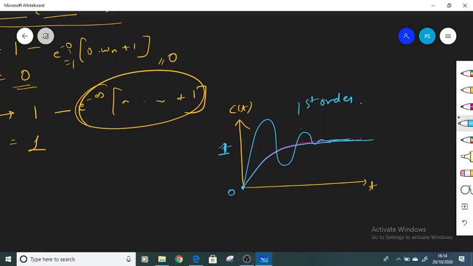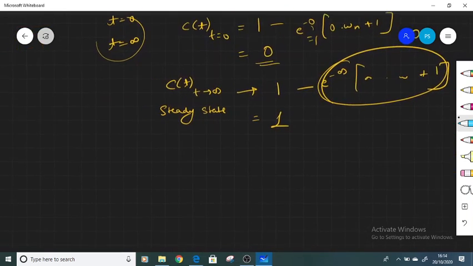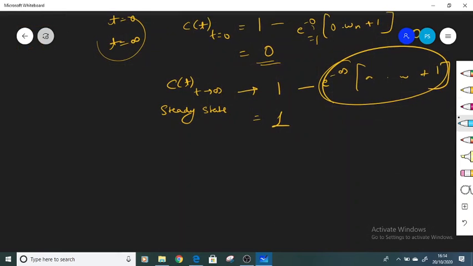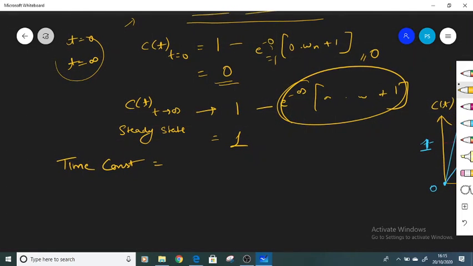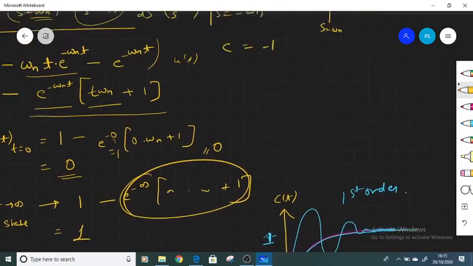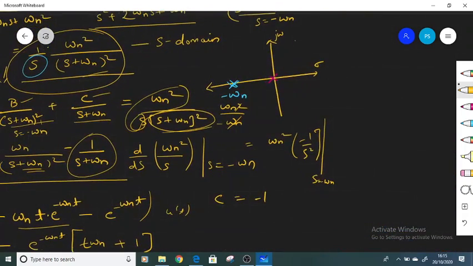If you want to find out the time constant for this system, I have already told that the time constant for any system can be found out if you take the inverse of the real part of the pole. So the poles over here, at which position are they lying? We had two poles for this system.